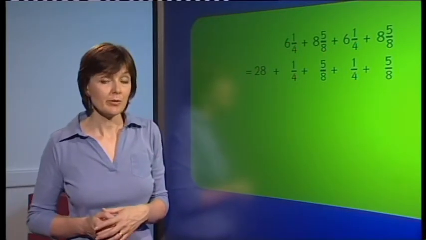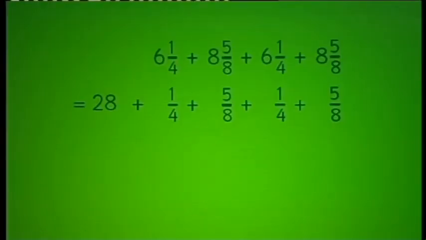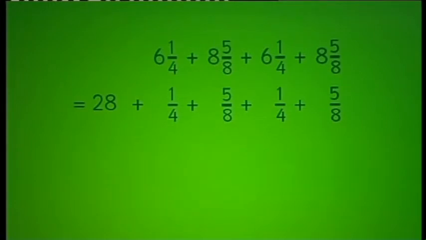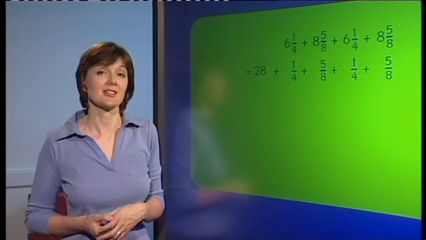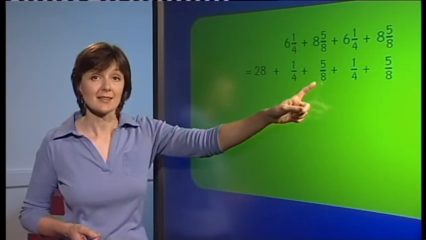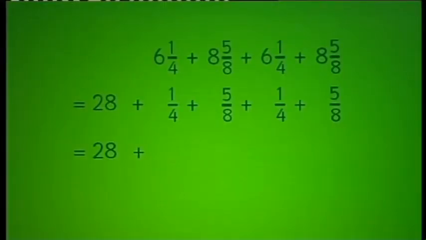The lowest common multiple of 4 and 8 is pretty obviously 8 itself, because 4 goes into 8, and so, unsurprisingly, does 8. So let's turn each of these fractions into an equivalent fraction with the denominator 8, and then we can add them all up and add that to the 28.